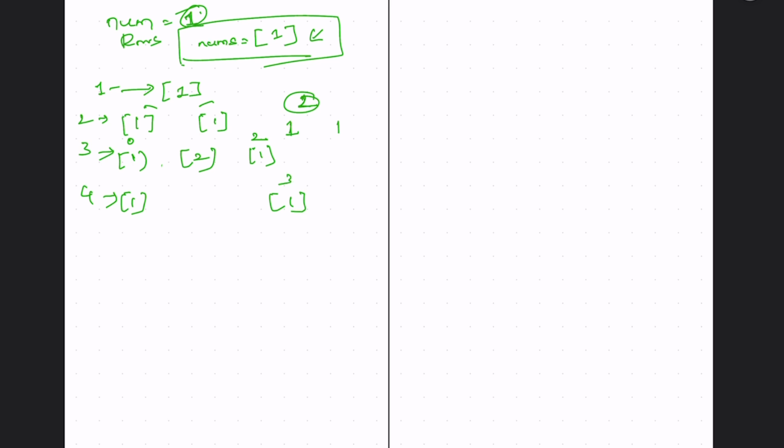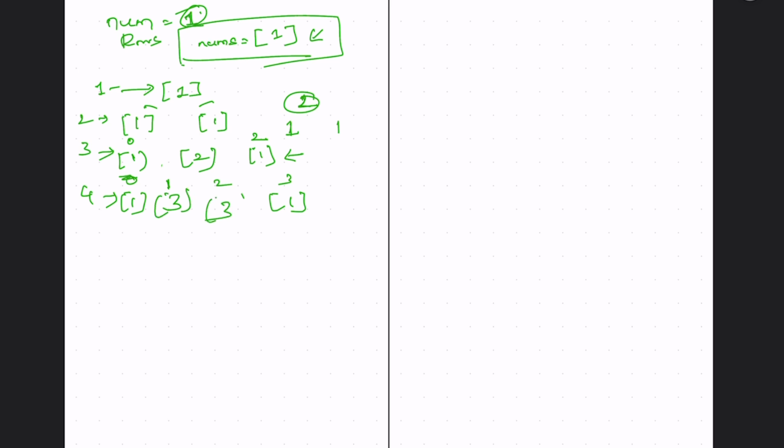The length of the row: we always increment the previous array length by 1 extra. This will be the current nums. For indexes 1 and 2 we can do it: i minus 1 is this, and current i is this, 1 plus 2 is 3, and 2 plus 1 is 3, so this was the fourth row.